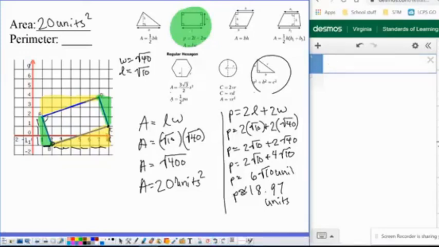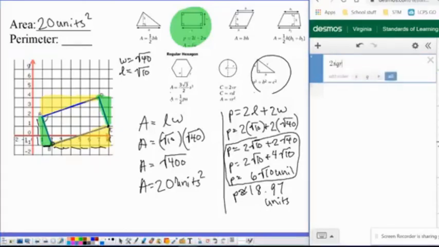I could have just typed that in. So the perimeter is about equal to 18.97 units, but if I just wanted that approximation, I could have skipped everything here, and I could have just typed it directly into the Desmos graphing calculator. And I get the same answer. Okay, so my final perimeter answer is 18.97 units.